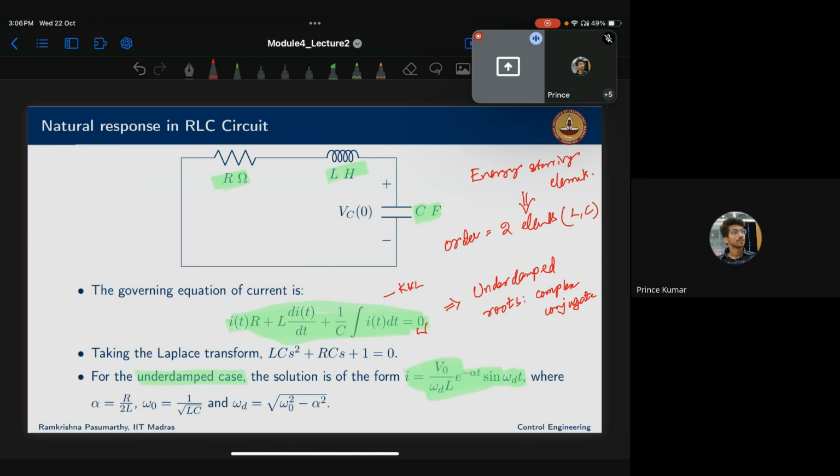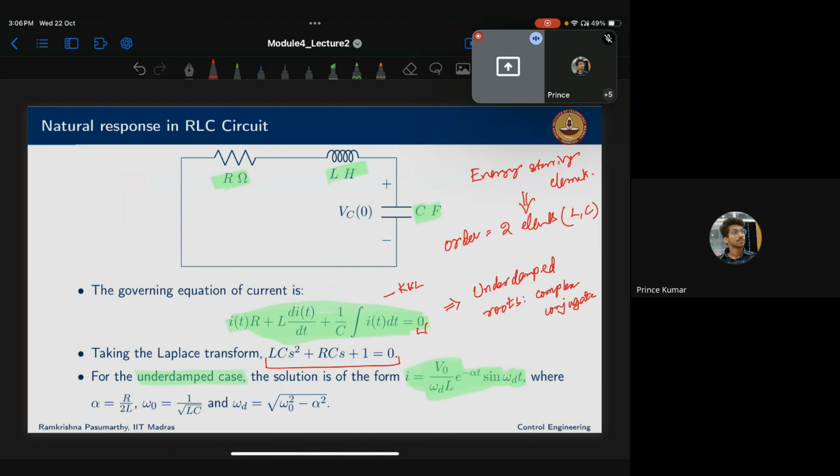Now taking the Laplace transform will give us this equation. So depending upon the roots of this equation, whether the roots are real roots, complex roots, or repeated roots, we will have different behavior.